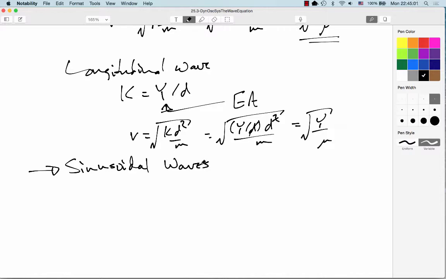So when we looked at our loaded string, our solutions were sines and cosines.